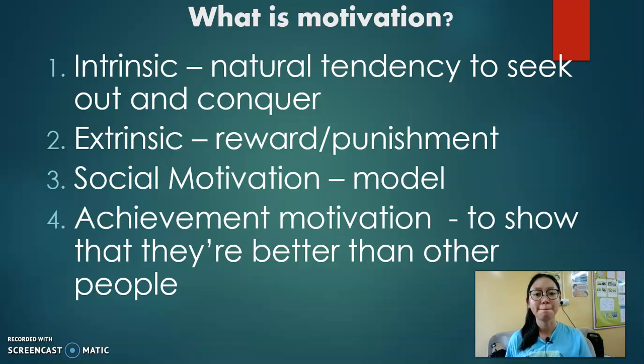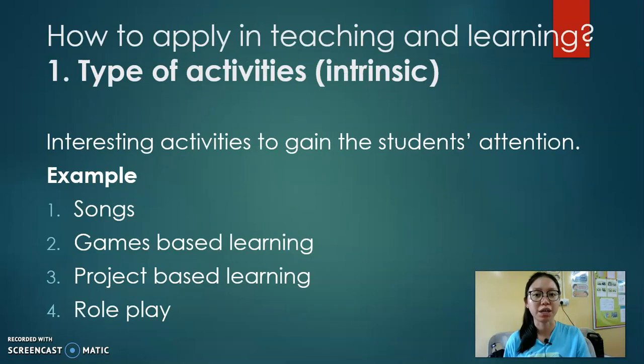Achievement means a person or a student wants to compete and win just to show off that they are better. For this category, they don't rely on reward or punishment, but they just want to show that they are better than the others.